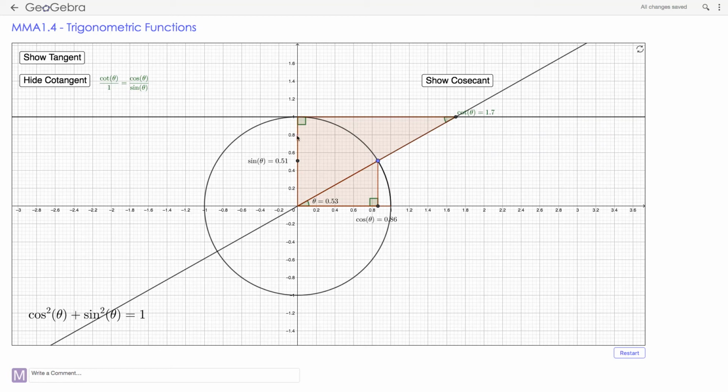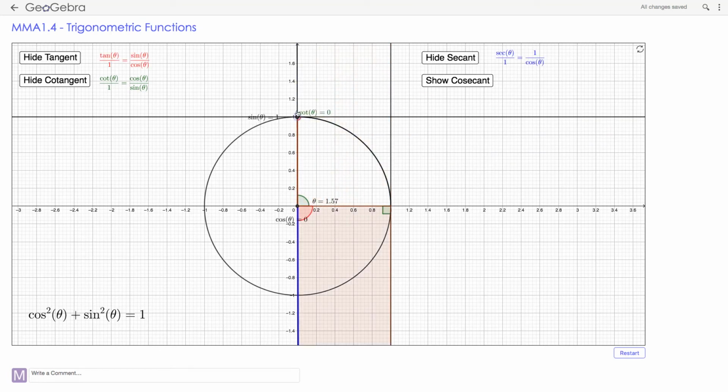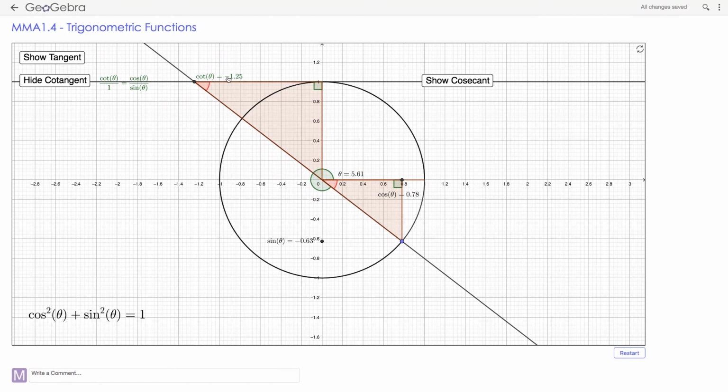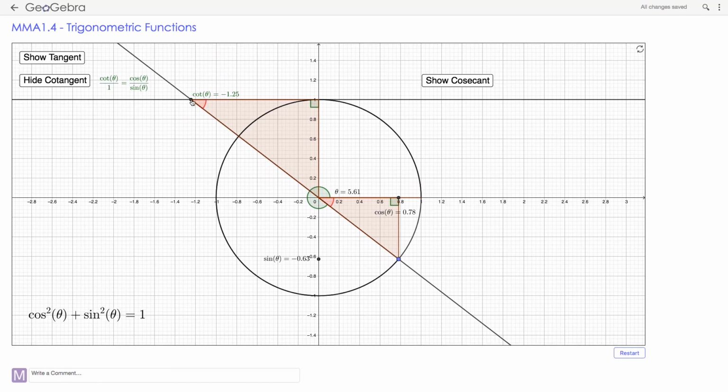A similar thing happens if this is pi half. It's difficult to hit exactly, but you see my point. If this is exactly equal to pi half or 3 pi half, then the tangent is not defined. But the cotangent, anyway, is given geometrically like this, and you can calculate it as before.